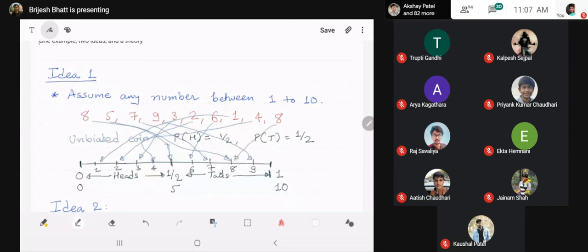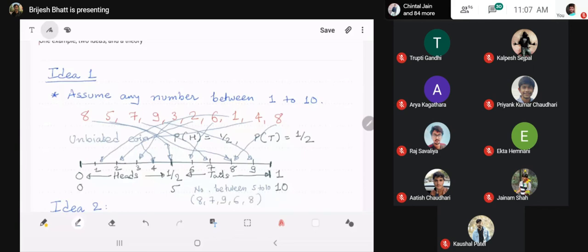So how many numbers fall between 5 to 10? 8, 7, 9, 6, and 8.